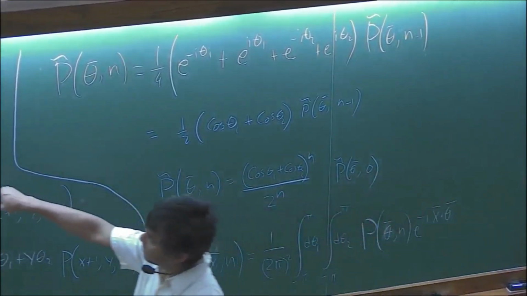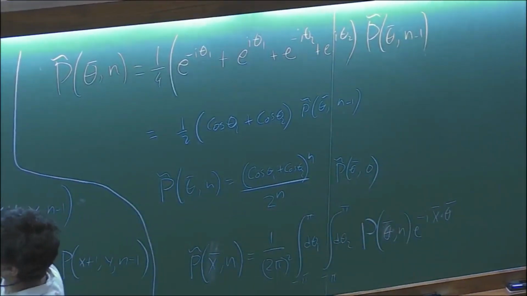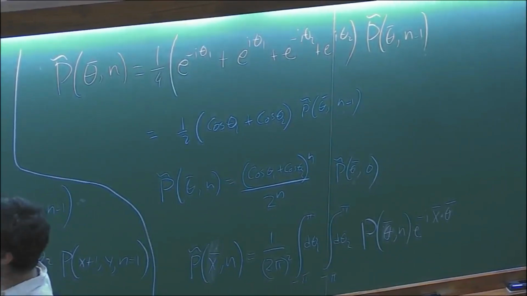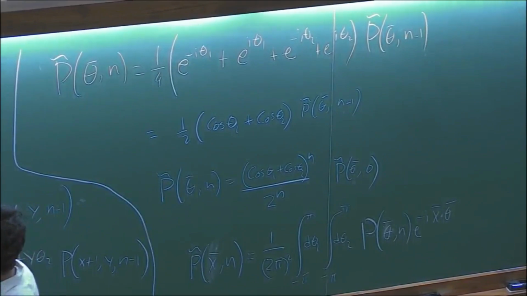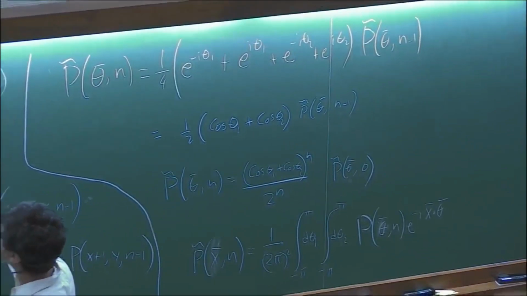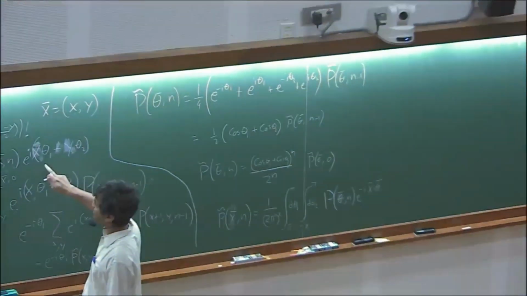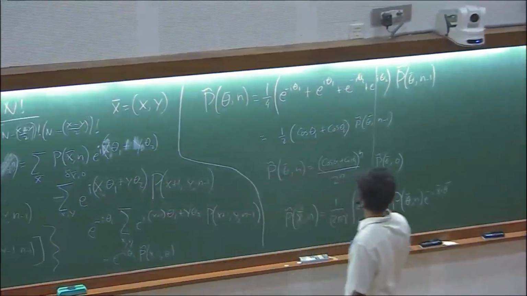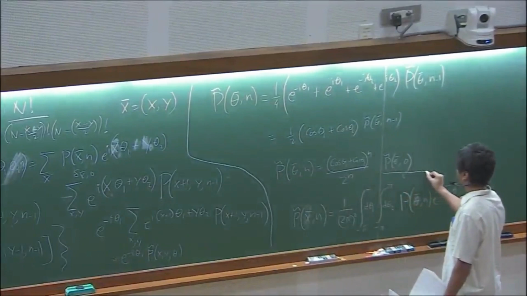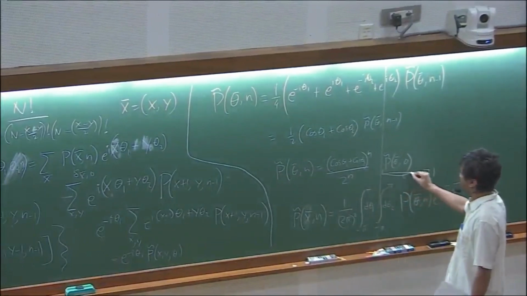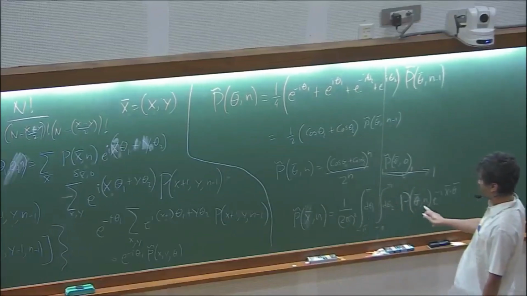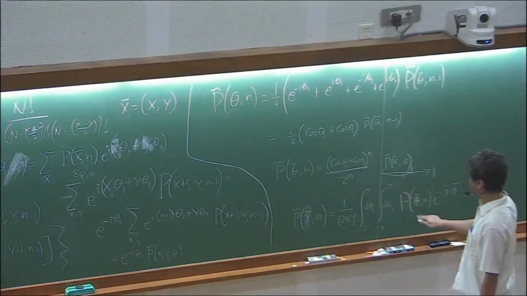Okay, so at time n equal to 0, this is a delta function because we start from the origin. So this is again delta x bar 0, both x and y are 0, so you get 1. So this object is again 1. Then we just plug in this thing in here.